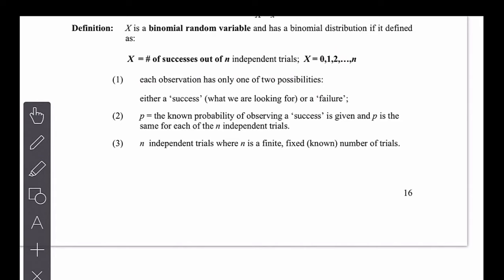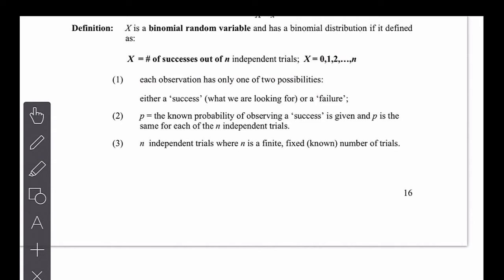If I'm interested in divorces, I could define the success as, so success doesn't mean, it's not a value judgment, it's just what I'm looking for. So I might be looking for a divorce, and I'm going to see over the next 10 years, are they divorced or not? And I'm going to record if they're divorced or not. Divorce is a success. Okay?